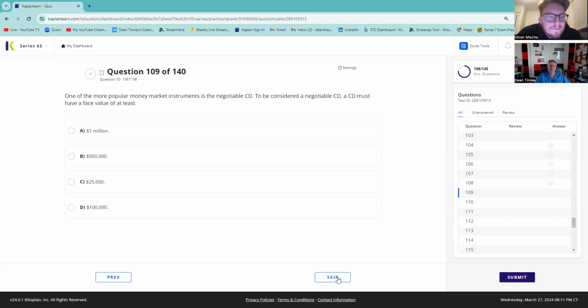One of the more popular money market instruments is a negotiable jumbo CD. To be considered, it must have a face value of at least... So what does jumbo mean? Jumbo means a lot.